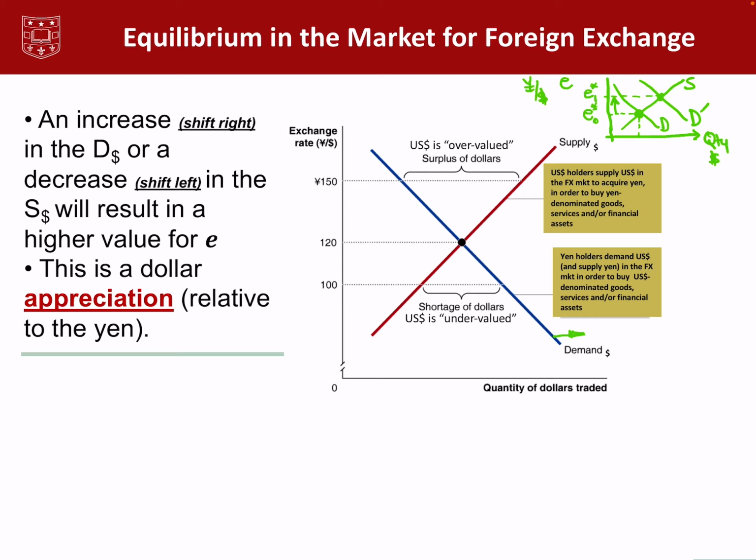Because what it's saying is that if this is, say, 120, and then it goes to 150, then this appreciation means we get, of course, more yen per dollar. And so the language for that is appreciation.